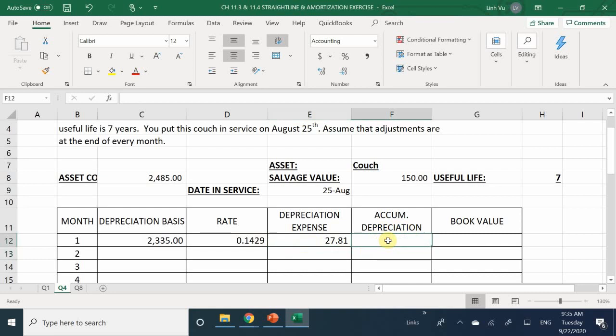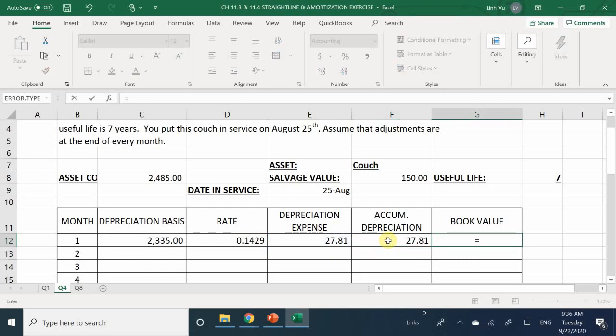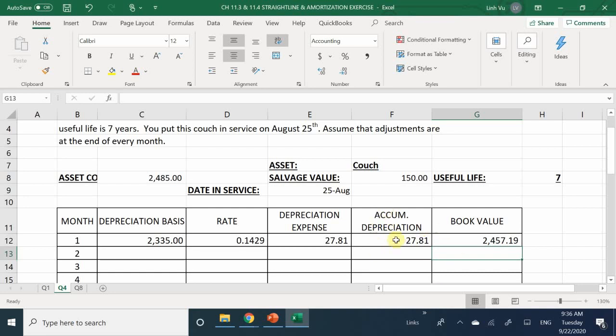All right, so what is my accumulated depreciation going to be? The same, 27.81. Good. And what's my book value going to look like? 2457.19, minus the accumulated depreciation. 2457.19.